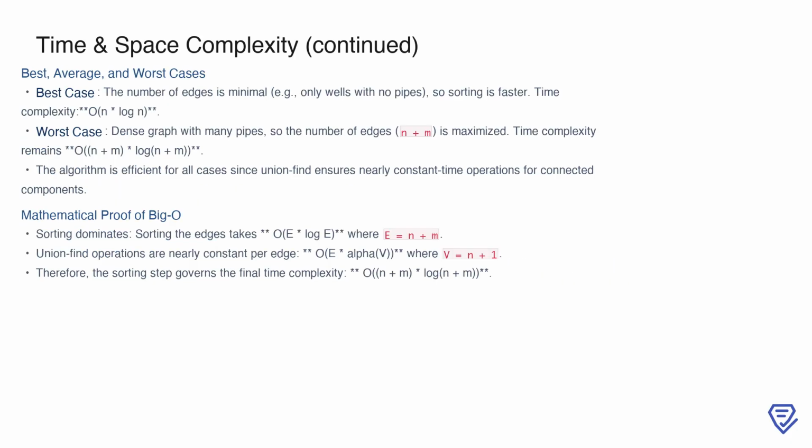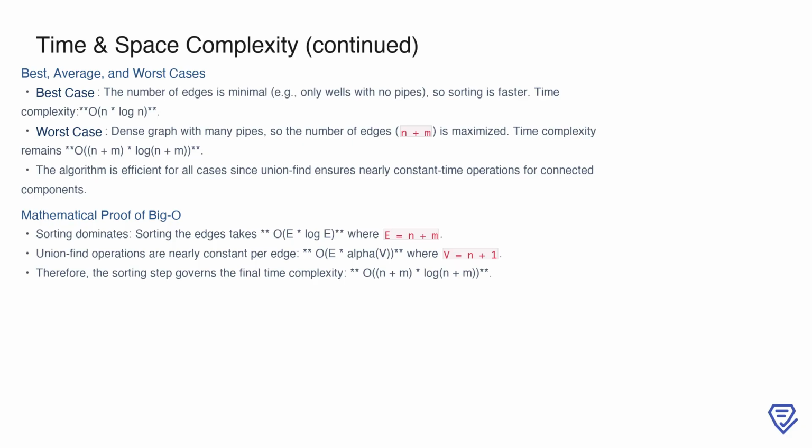Finally, let's consider the best, average, and worst cases for this algorithm. In the best case, the number of edges is minimal, for example, if we only have wells and no pipes. Here, sorting the edges is faster, and the time complexity reduces to O(n * log n). In the worst case, we have a dense graph with many pipes, maximizing the number of edges at n + m.